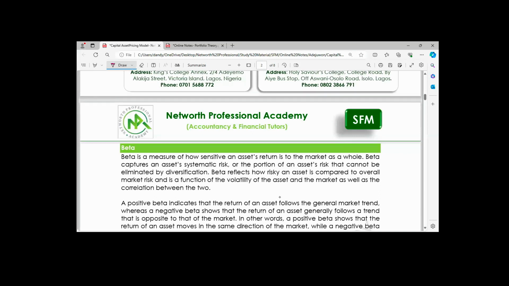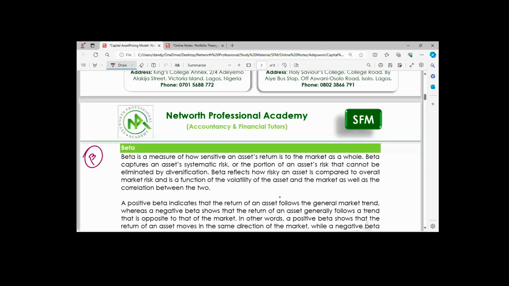So the bottom line is that beta is used to measure the risk of the asset or of the security. It measures how sensitive the asset's return is to that of the market as a whole.